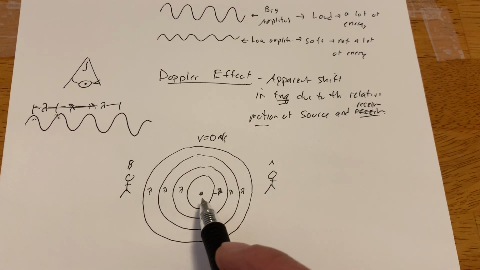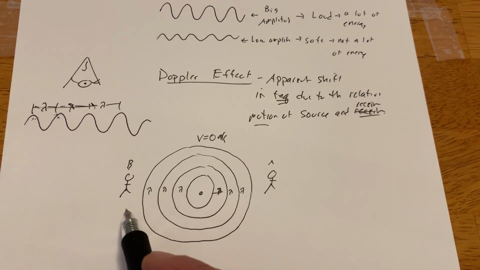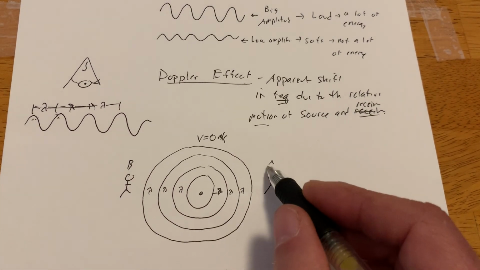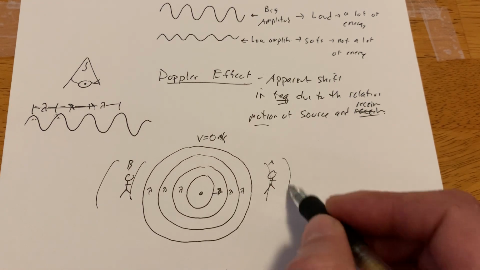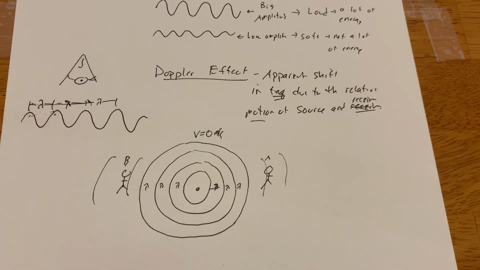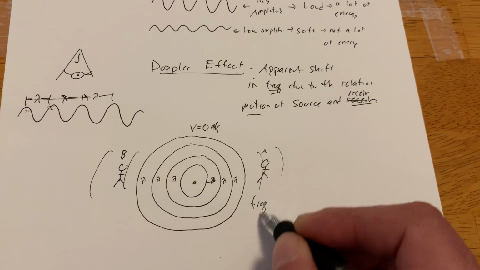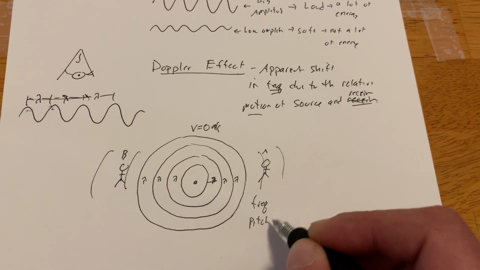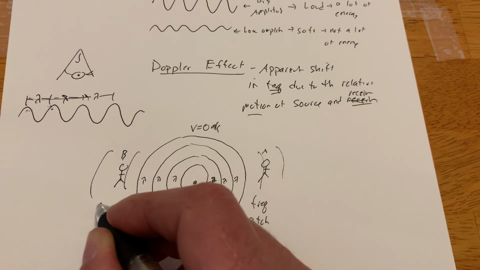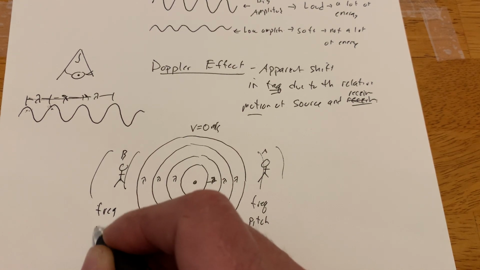What's happening? As the engine's revving, sound waves are going to the right and to the left, and that means sound waves are going to pass person A and person B. Well, how is this person going to perceive the sound waves? We're going to get a frequency and a pitch. This guy's also going to get a frequency and a what? Pitch.